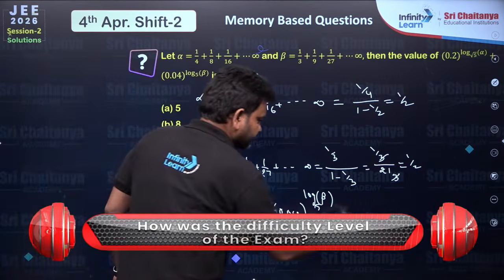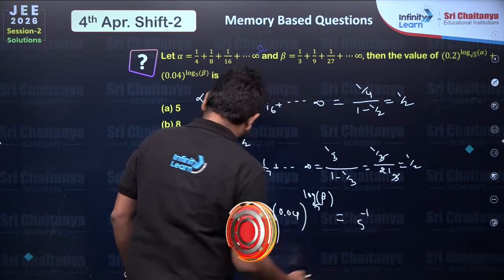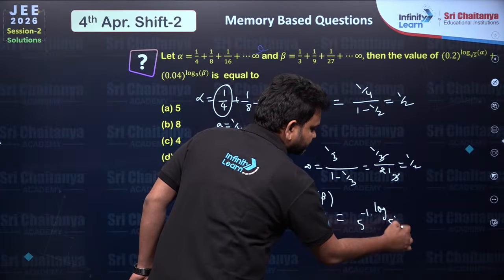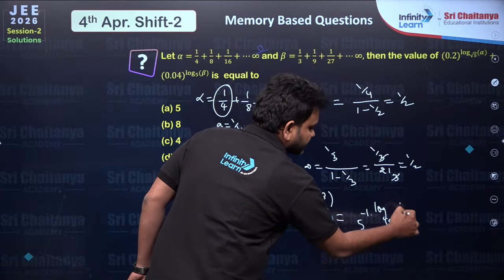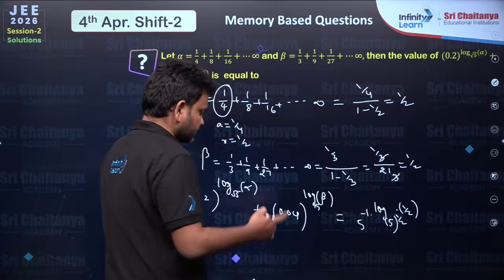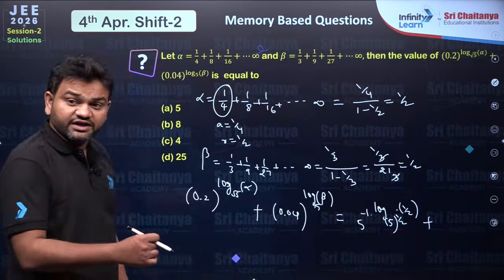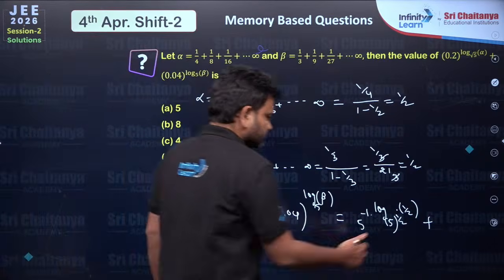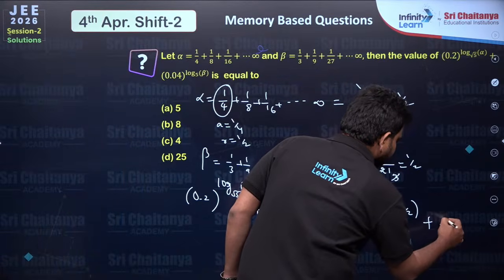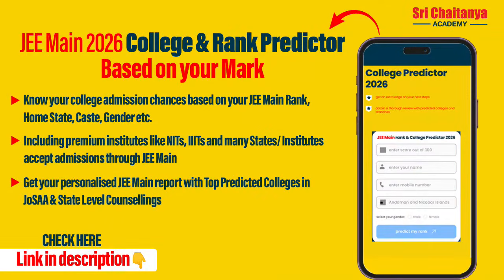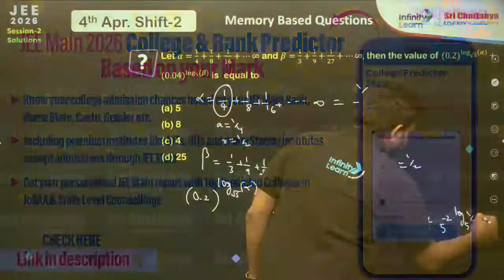So this I am going to write as 5 power minus 1, and that will be multiplied with log base root 5, which is 5 power 1 by 2, and here I have 1 by 2. And here plus 0.04, which means 5 power minus 2, right? So here I can write 5 power minus 2, into log base root 5 again, this is 5 power 1 by 2 we have here.